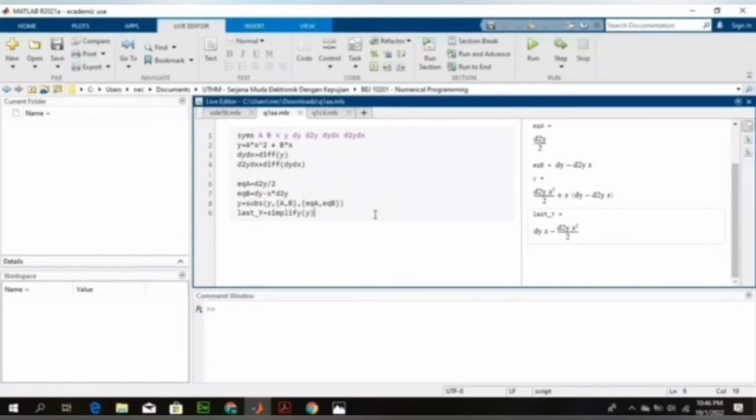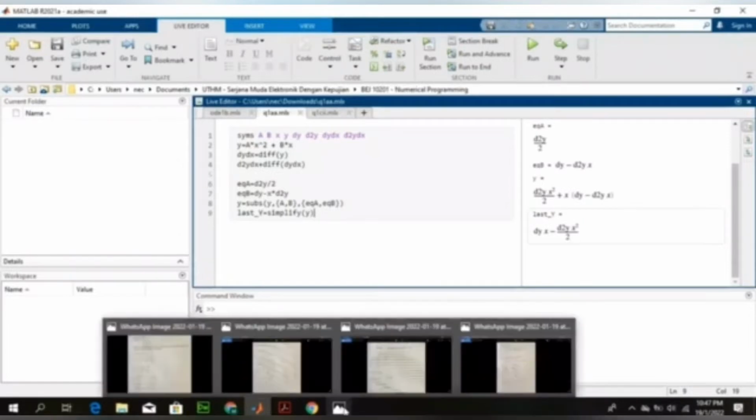So the last is simplify the y and get the answer dy x minus d2y over 2 x square. So we move to question B.